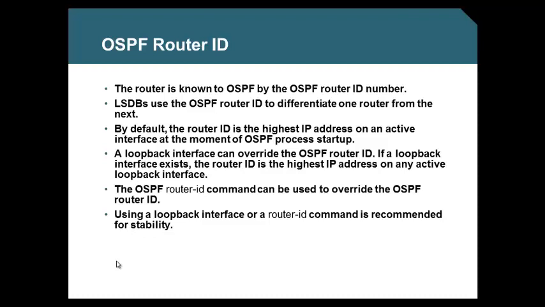That's one point. Now if you don't want to give the router ID manually, OSPF will say, fine, no problem, I'm going to pick one address as a router ID dynamically. Now which address will I pick? I'll pick the address which is there on the loopback interface.